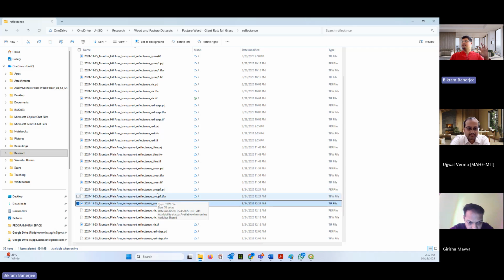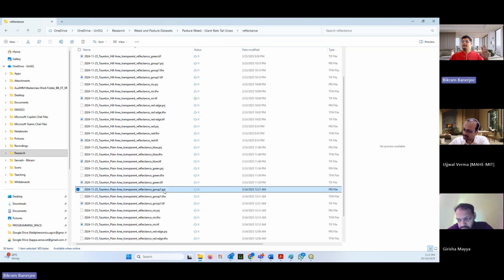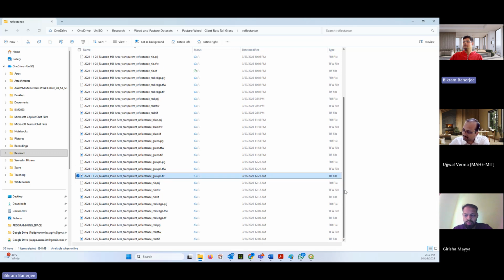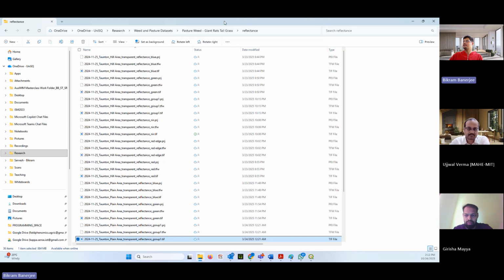When we stitch things in Pix4D, sometimes it processes things by tiles. So this is like a tile. So I think you don't have to use this underscore group 1. I think I mistakenly put that here, so that could be ignored. So yeah, these are the 2 images of this area.